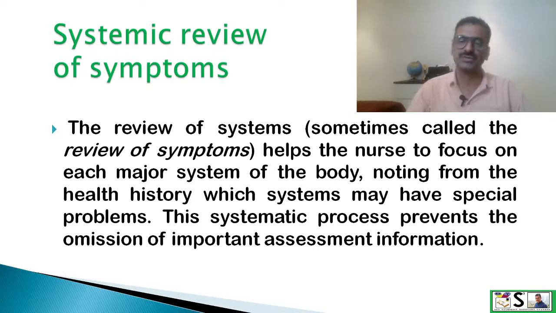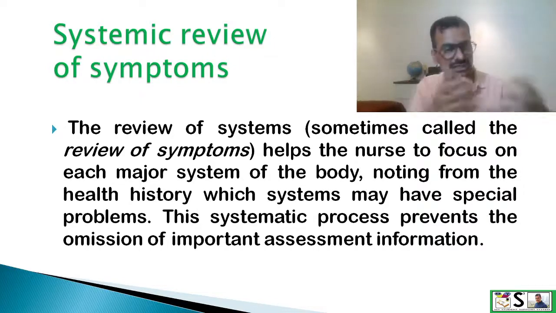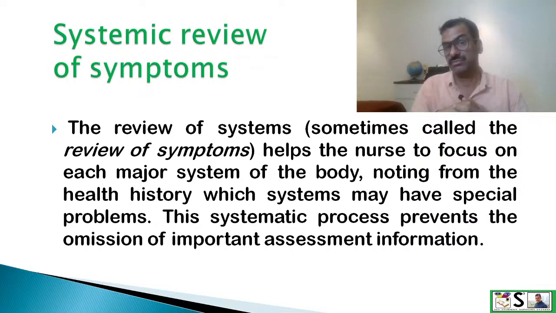This systematic process prevents the omission of important assessment information because when we are talking to the client, sometimes we may forget to ask certain questions or we may forget a system and the client may also forget.